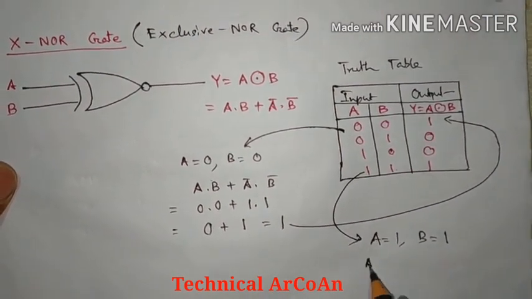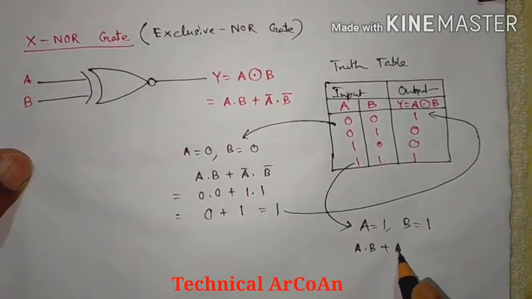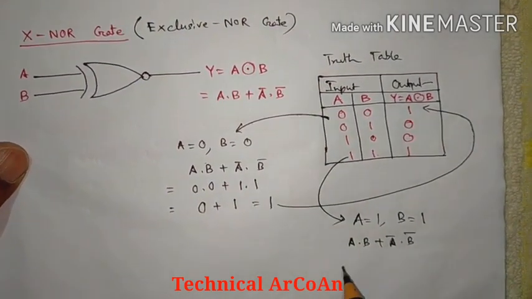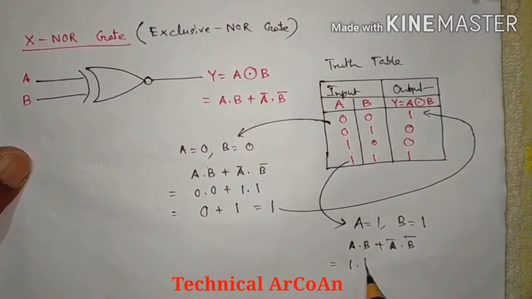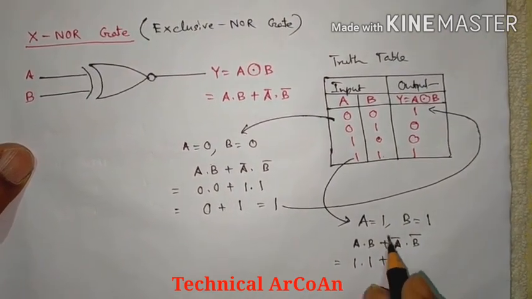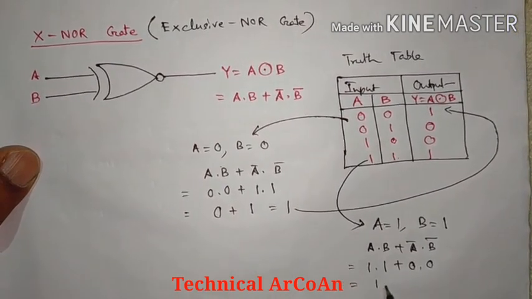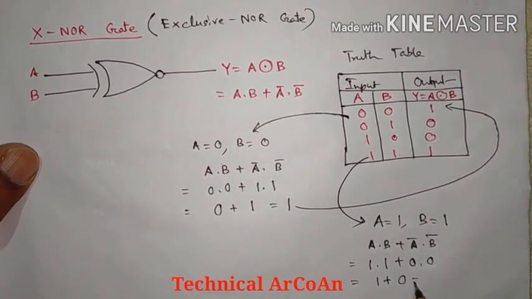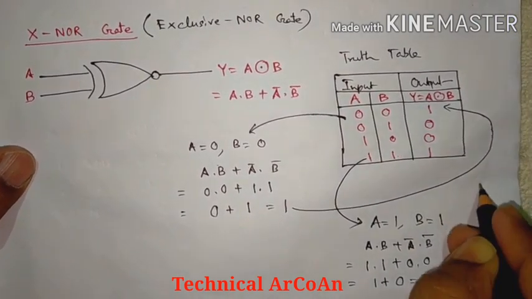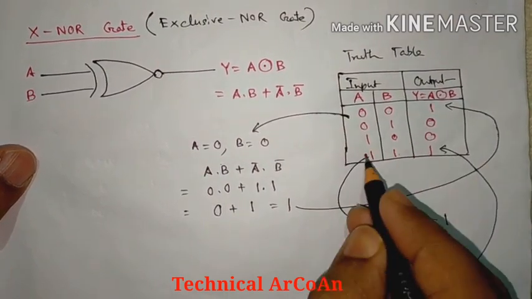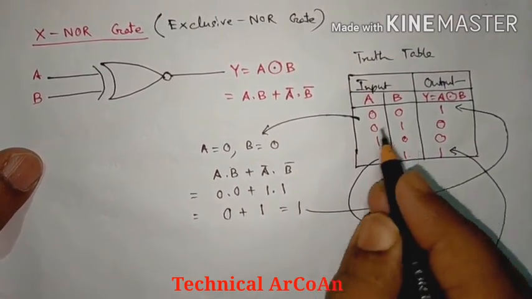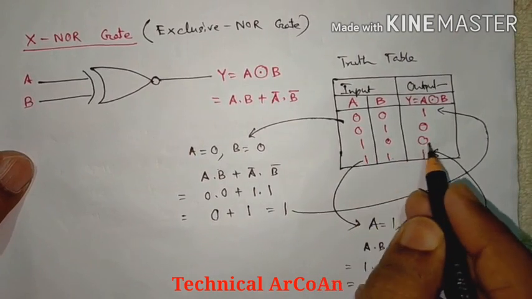The expression is A dot B plus A complement dot B complement. Now 1 dot 1 is 1, and A complement means 0, B complement means 0, so 0 dot 0 is 0, so it will also be 1. The other two go on in a similar way, and this is your homework, you can do it in your own way.